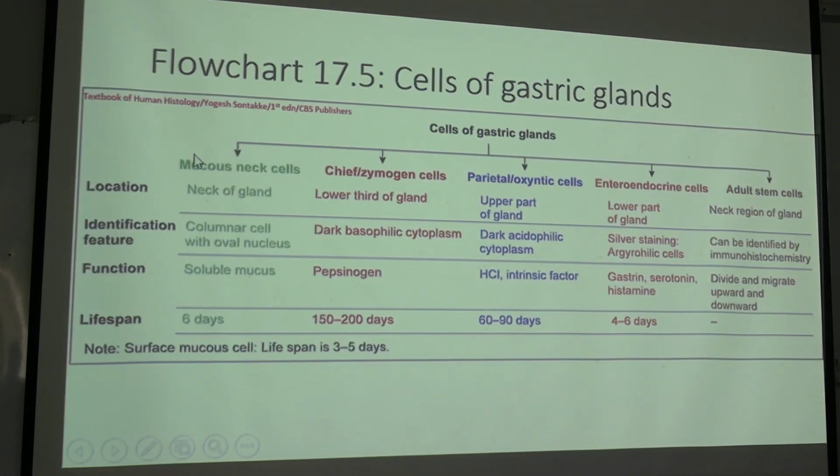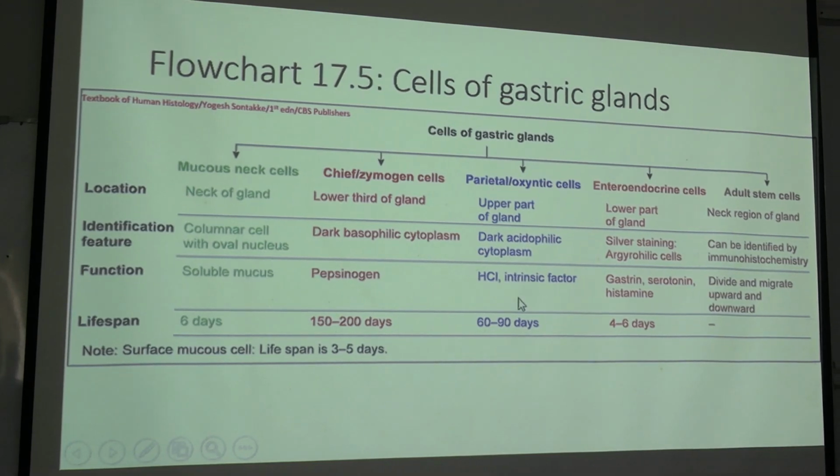The cells on top we call mucus secreting neck cells. This neck region of the tube secretes mucus. Then we find the cells in blue over here, which we call parietal cells. These parietal cells secrete Castle's intrinsic factor and HCl, hydrochloric acid.